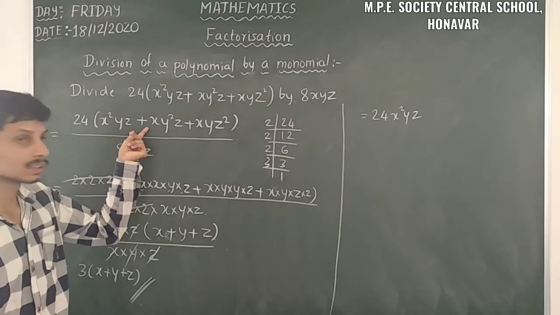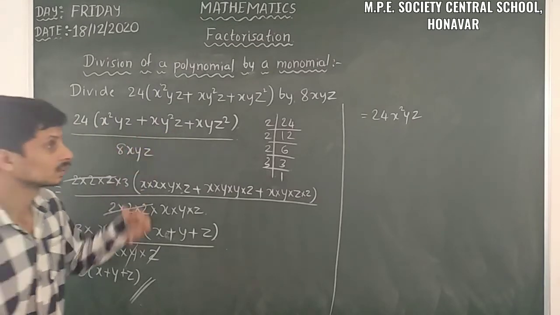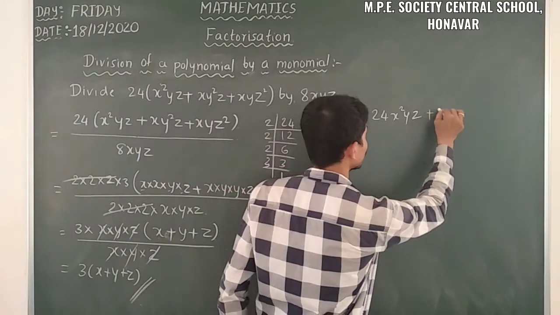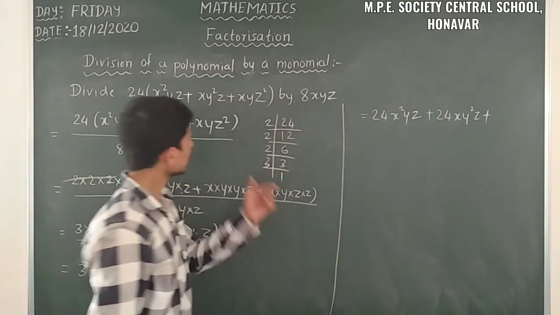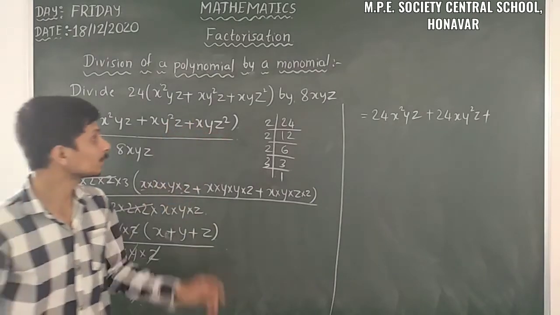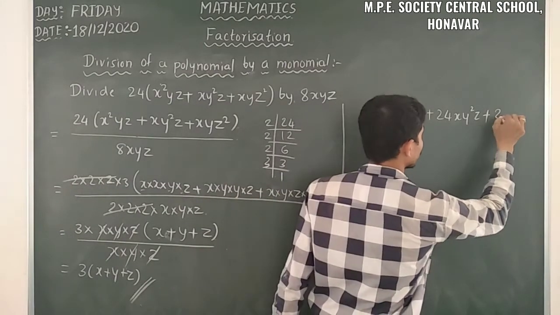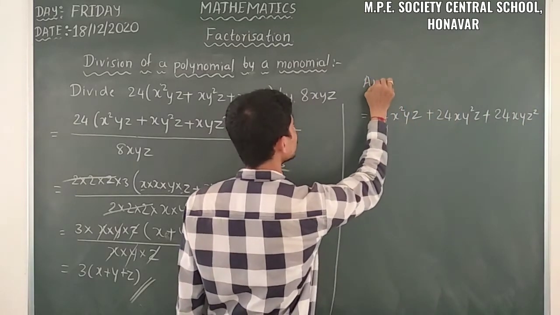Then plus, here also, what happens? 24 into xy square z belongs to that also, so we write 24 xy square z. Then 24 you can take here also, so it becomes 24 xyz square. So this is the other method.